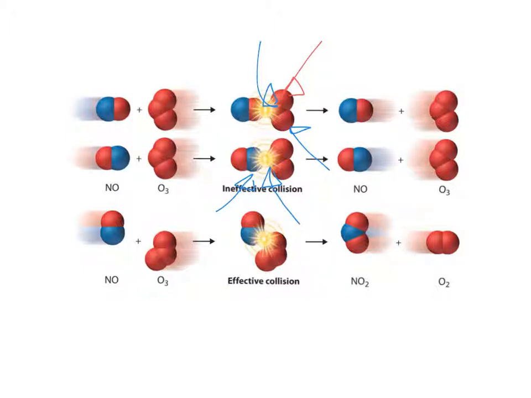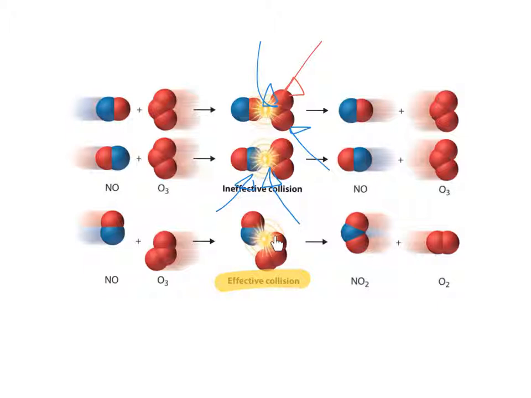But if we look at our collision in the bottom here, I'm just going to highlight our effective collision right here. This will be effective because the collision is occurring between a nitrogen and one of my terminal oxygens, one of the oxygens at the end of my molecule.